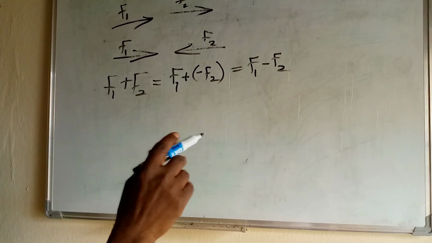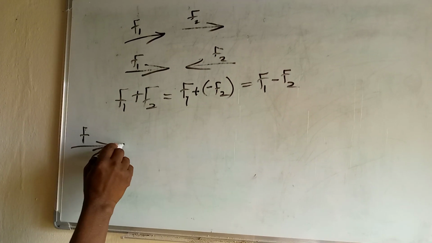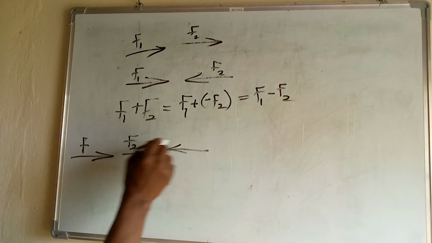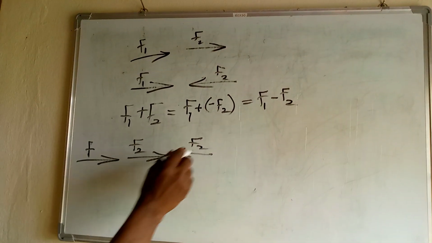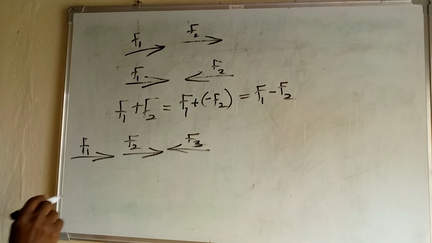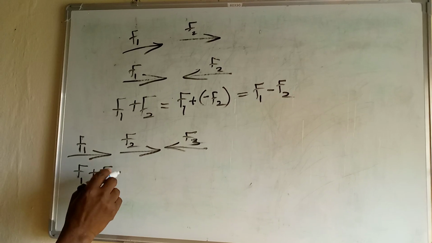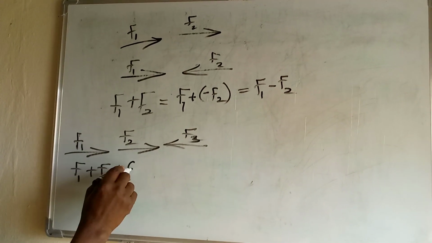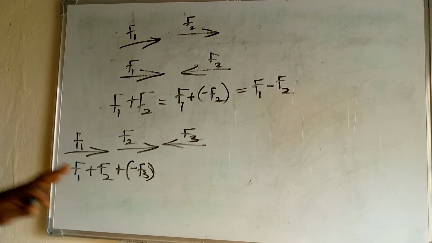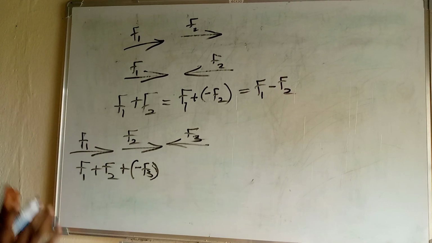Now, even if there are 3 forces, depending on whether they are this way, then force 3, that means force 1 plus force 2 plus minus force 3, because if we take the direction of force 1 and force 2 as positive, then the direction of force 3 becomes negative because it's not in the same direction.